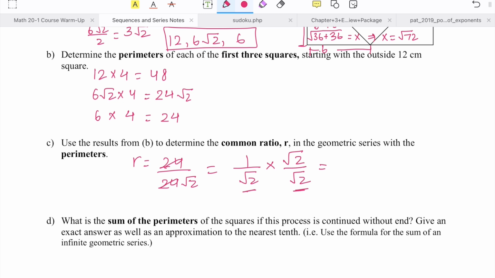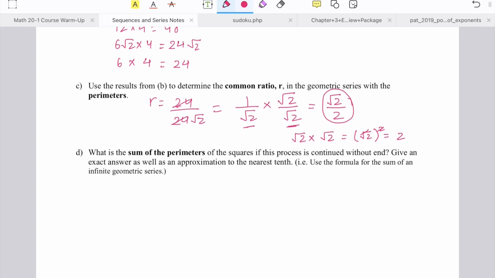Because root 2 times root 2 is root 2 squared. Squared times square root is just 2, right? So we have root 2 times 1, which is root 2, divided by 2, okay? So that's how you leave your answer.